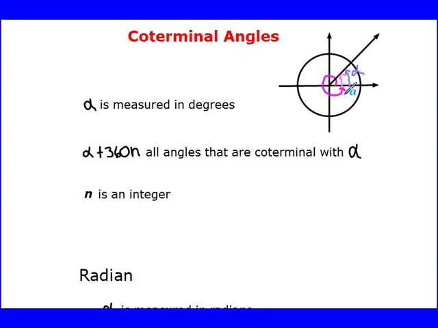Starting from here, I went 360 degrees around, then we continued up alpha degrees. So this is another coterminal angle which includes alpha plus a rotation of 360 degrees. In this case, n is an integer because we're looking at complete rotations. So this is the expression if alpha is measured in degrees.